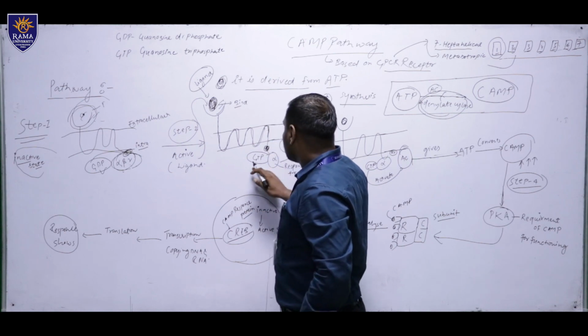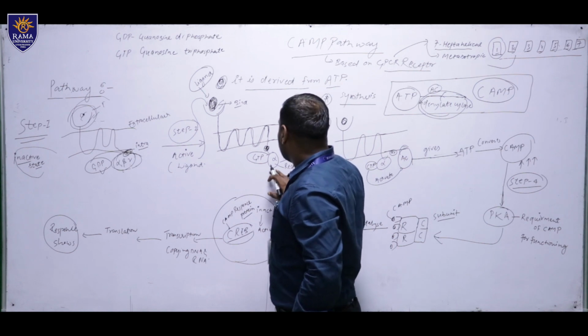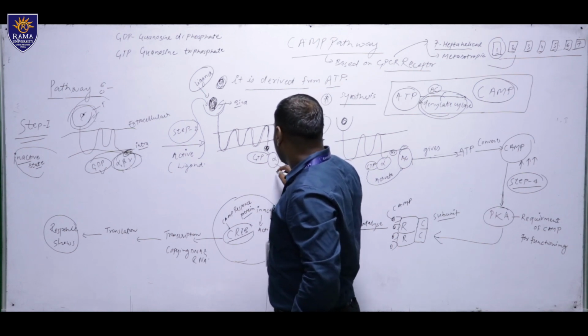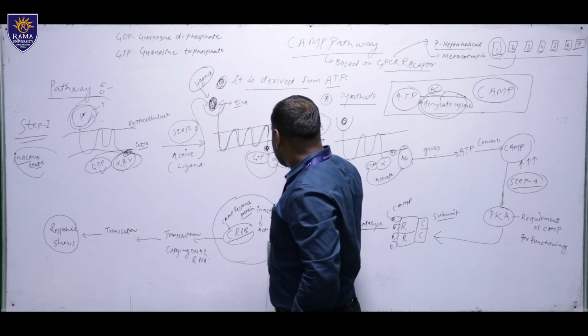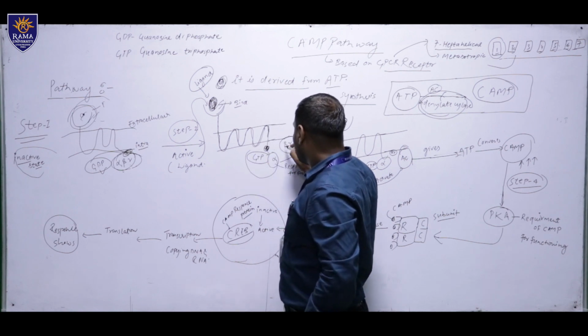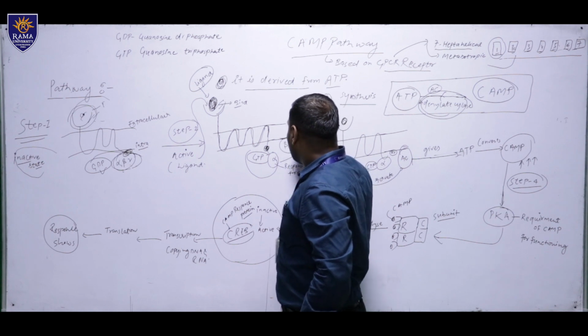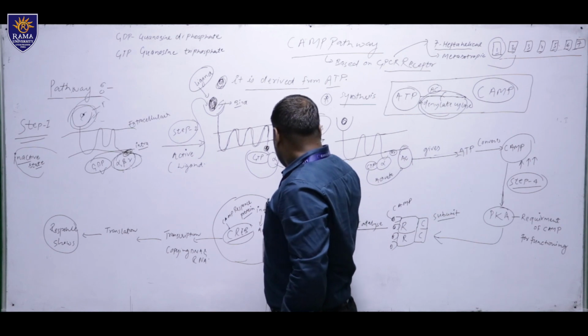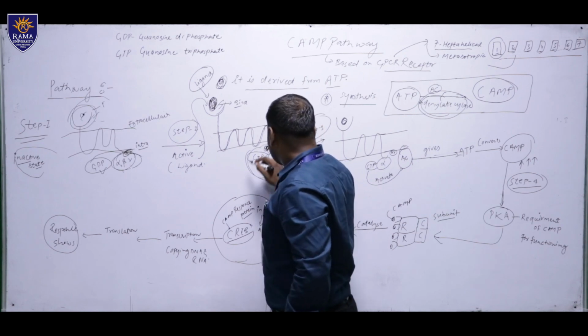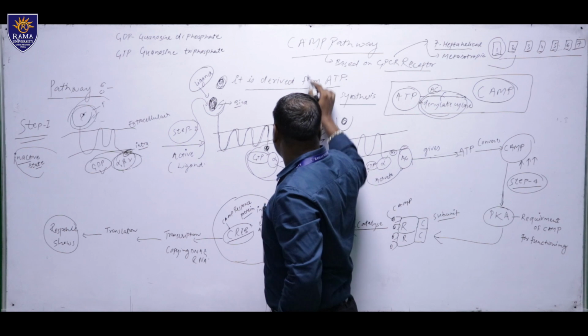It converts to GTP with alpha, and that is the dimer form. The alpha subunit is attached with GTP, and the beta and gamma subunits you can see bind with the intracellular membrane, and after that GTP with alpha is responsible for the cyclic AMP pathway.